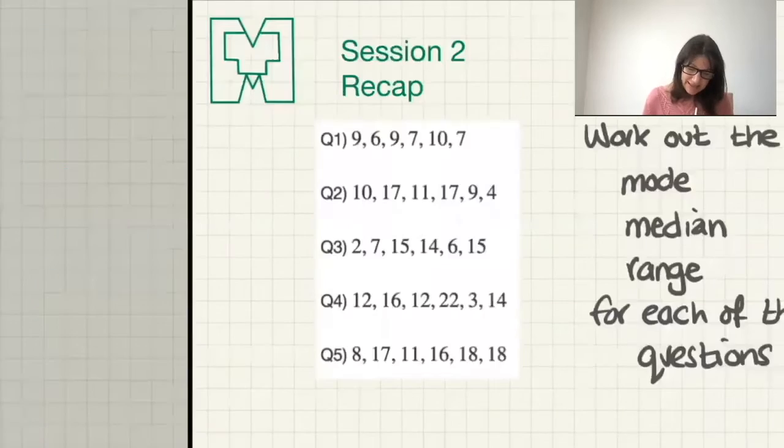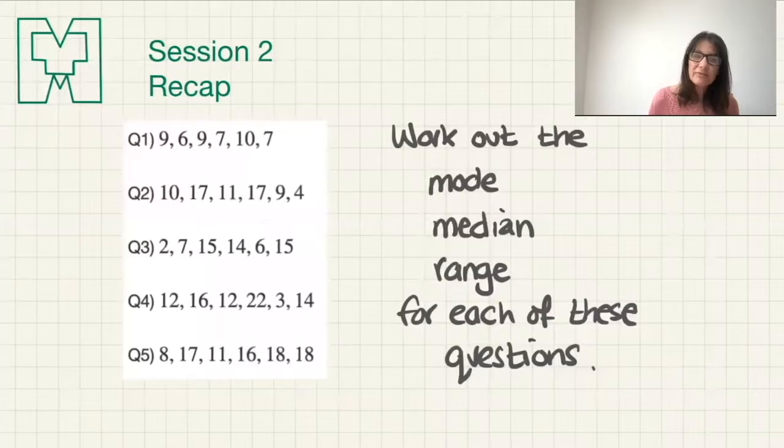Okay, next thing. We are going to recap our mode, median, and range. We are going to do 5 questions, which will take you a little bit of time, and that is fine. I want you to do what I suggested last time. Try and do this from memory. However, if you get yourself stuck or muddled, it's really important that you look this work up for yourself and try and work through your notes to remind you how to do it.